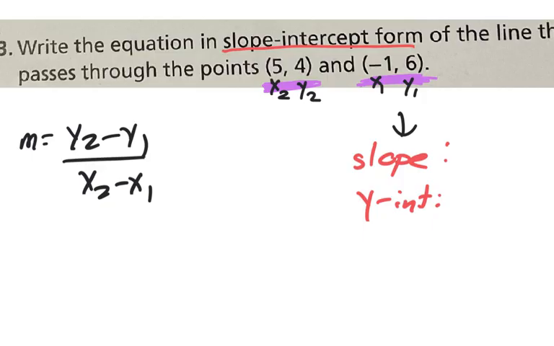Does not matter. The reason I would choose this is whenever I have negative values, I like making those the first ordered pair. And you'll see why in a second. But it doesn't matter. So plugging in, y2 is 4 minus y1 is 6 over x2 is 5 minus x1 is negative 1.